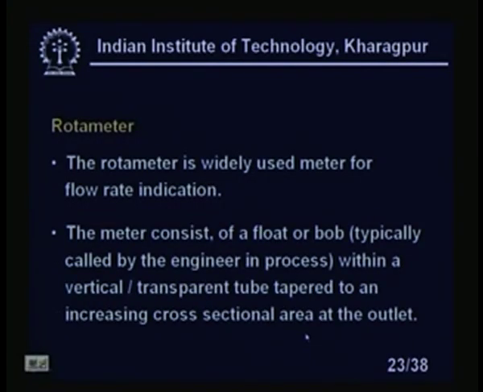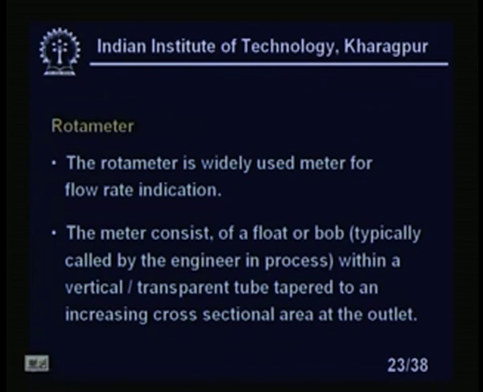If you look at flow meters, we have several with transmitting facilities and all these things, but if I want a simple indicating or monitoring type of instrument, rotometer is the only choice. Please note that. The meter consists of a float or bob. Bob is typically what it is called in the industry, people call it ball, I do not know why.